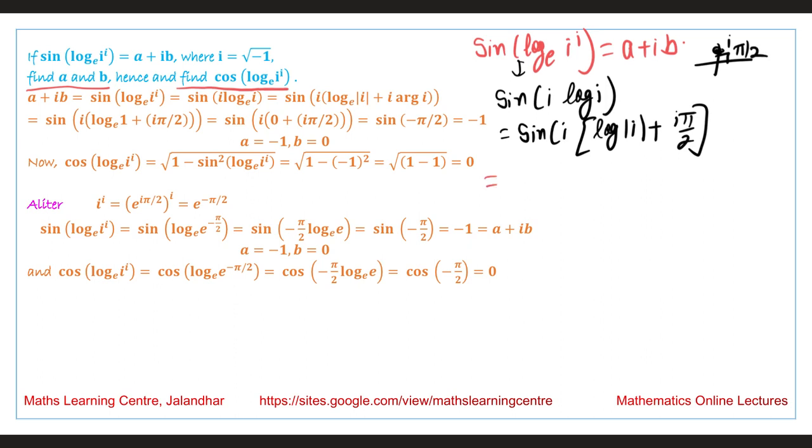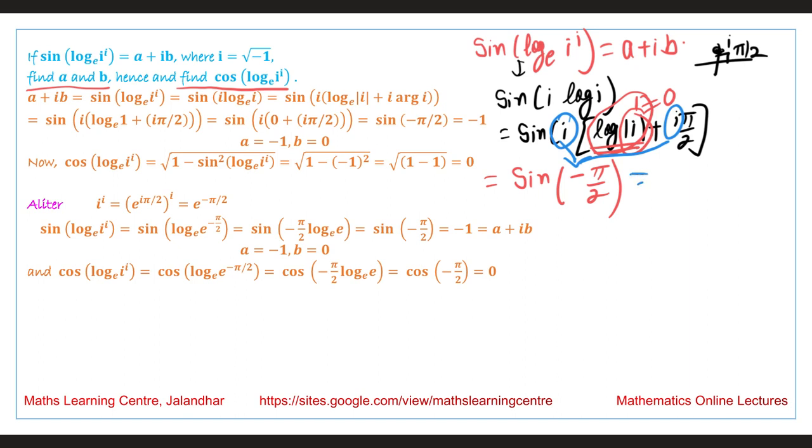What is the mod of iota? That is 1, and log of 1 is equal to 0. So what we get is sine of minus pi by 2. Why minus pi by 2? It is iota over here and iota over here, and the multiplication of both these iotas will be minus 1.